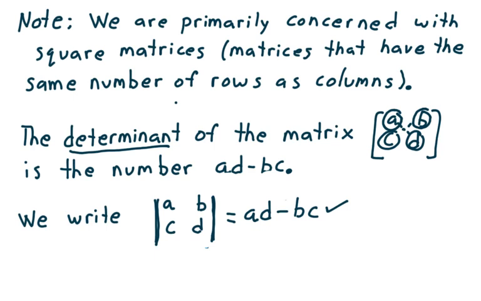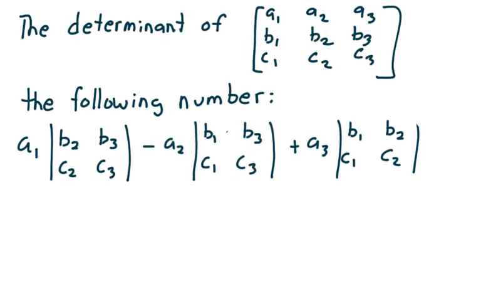And we write, this is in determinant notation, so we take the entries of the matrix and put absolute value bars around those entries. This tells me to take the determinant of the matrix A, B, C, D, and we get AD minus BC. Now let's look at the determinant of a 3 by 3 matrix.